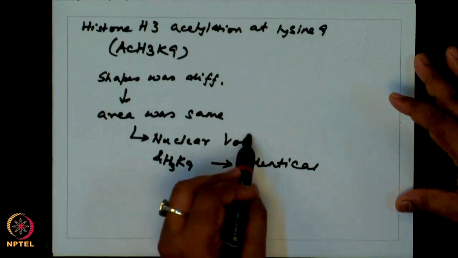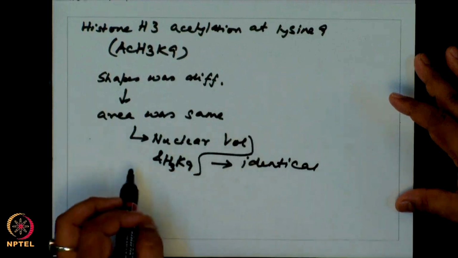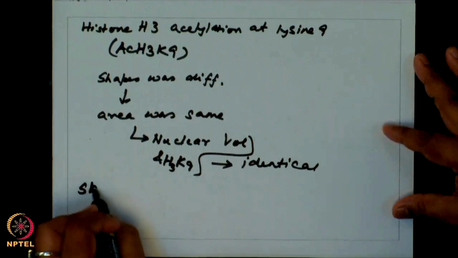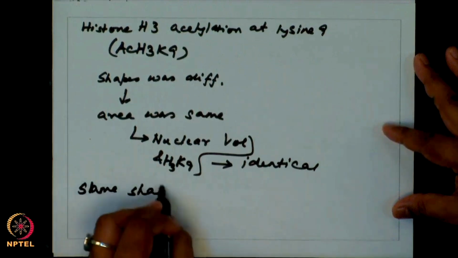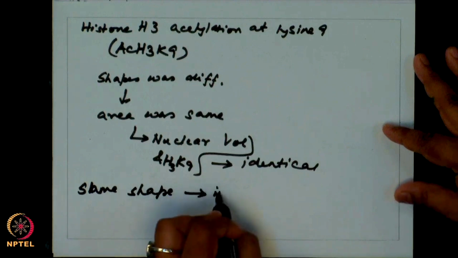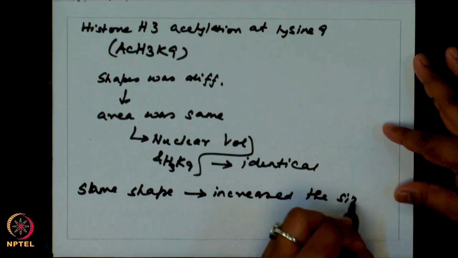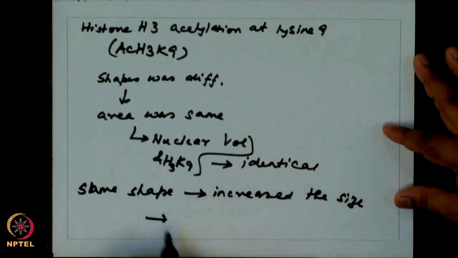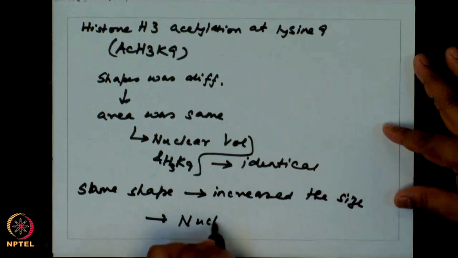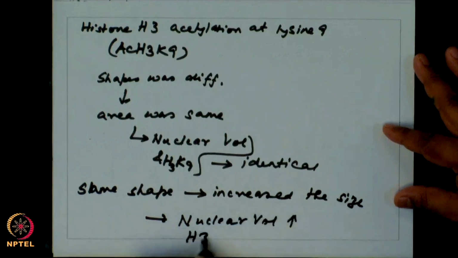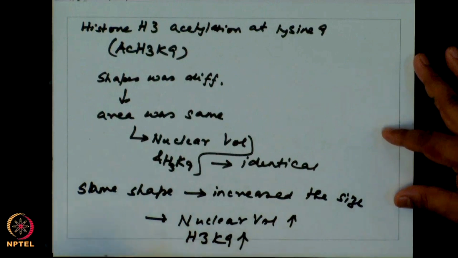Even though the shapes were different, nuclear volume and acetylation levels were identical. However, for the same shape, when they increased the size, nuclear volume increased and H3K9 acetylation also increased.